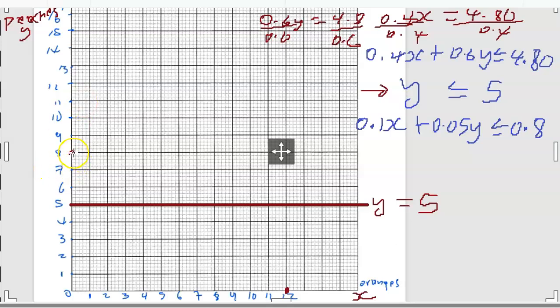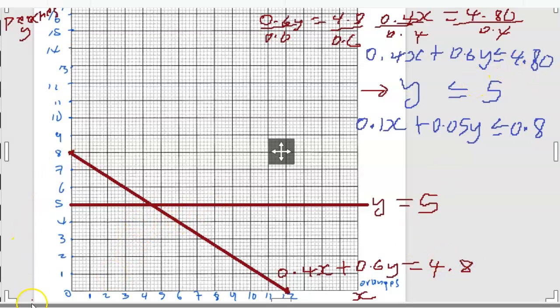So this graph cuts the y-axis at 8, x-axis at 12. So I connect these points, and of course, always remember to label your graph. So this is the line 0.4x plus 0.6y equal to 4.8.